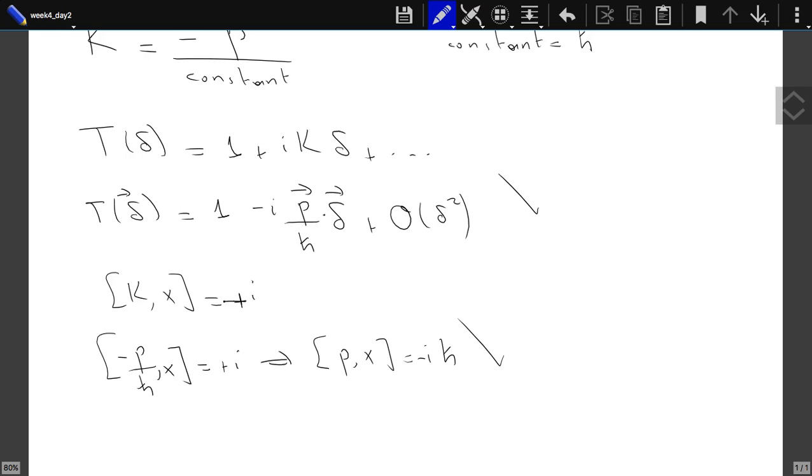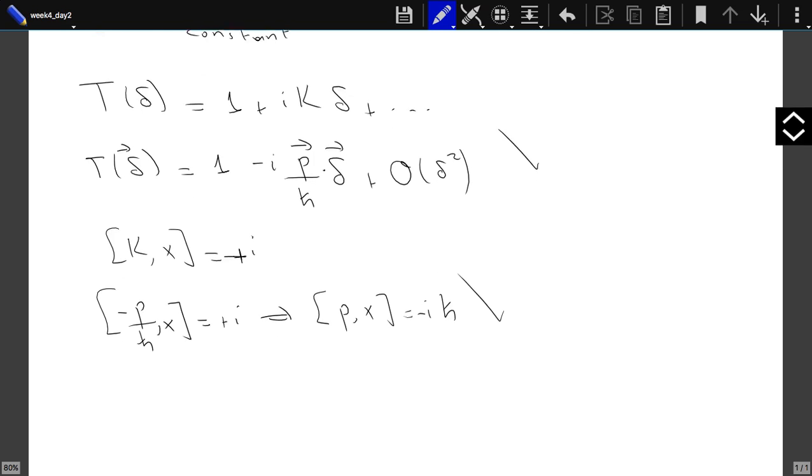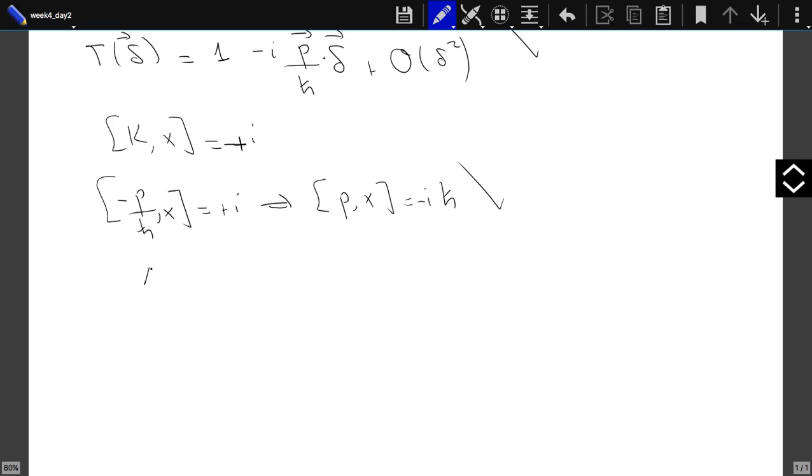Well, so X and P do not commute. We have 2 incompatible observables. We had seen already that the variances, or the errors in the X and P measurements, are related. And we know that the expectation value of delta P squared in any state, multiplied with the expectation value of delta X squared in any state, should always be larger than or equal to h bar squared over 4.